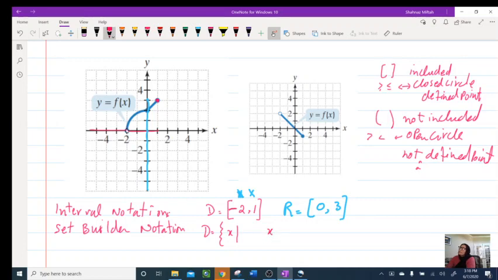Do you see at -2 the graph goes to the right, so it's greater, and it's a closed circle, so it's greater than or equal to. Up here, that's 1, and the whole graph is on the left side of 1. So x is less than or equal to 1.